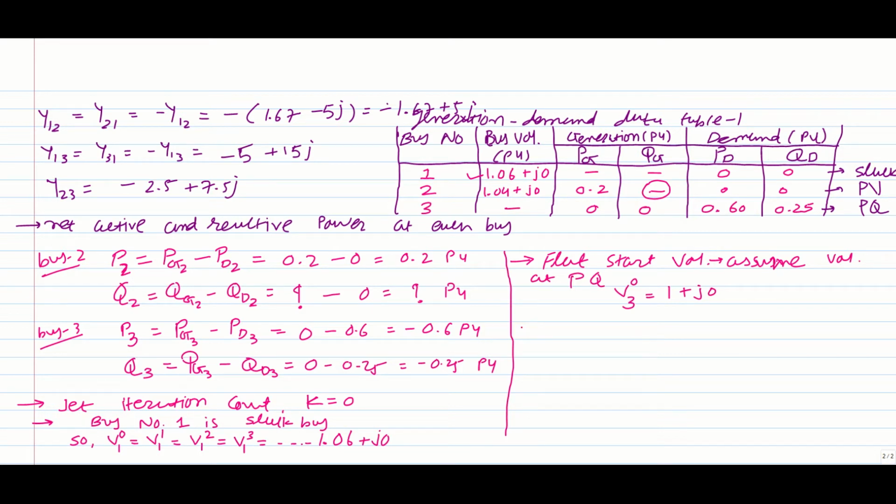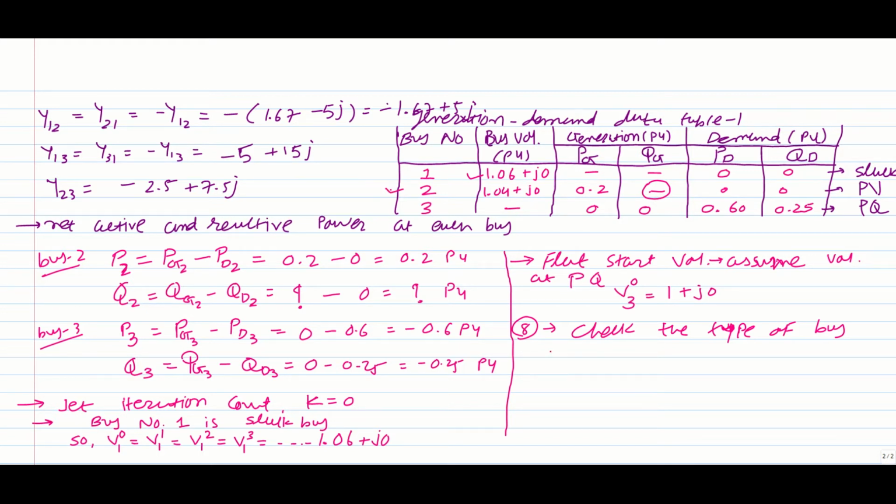Now, as it is given that there is a PV bus in our system, our next step is where we need to check whether the bus is a PV bus or a PQ bus. So, if you wish, you can write: check the type of bus. We will start with bus number 2.